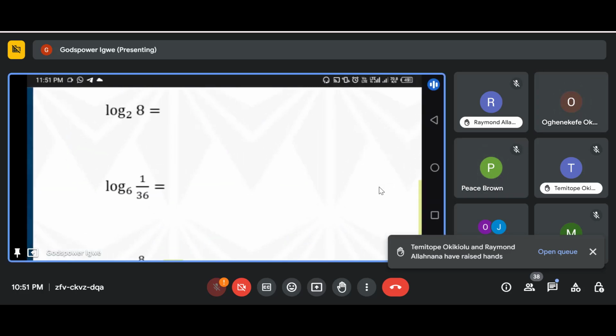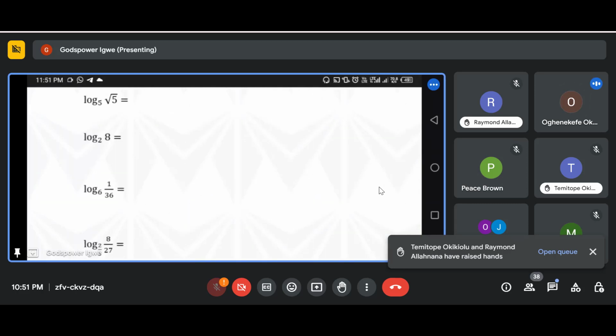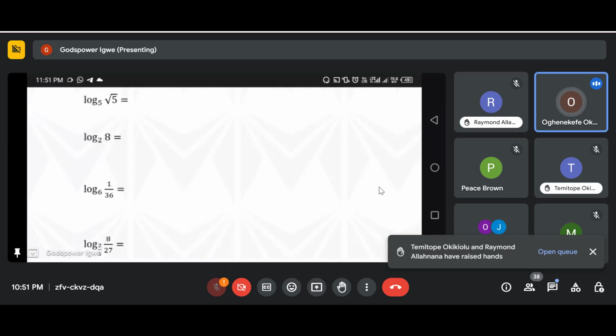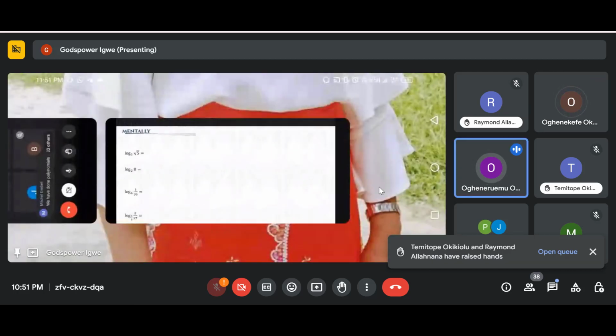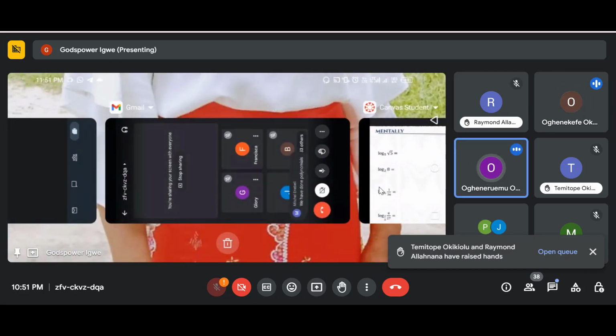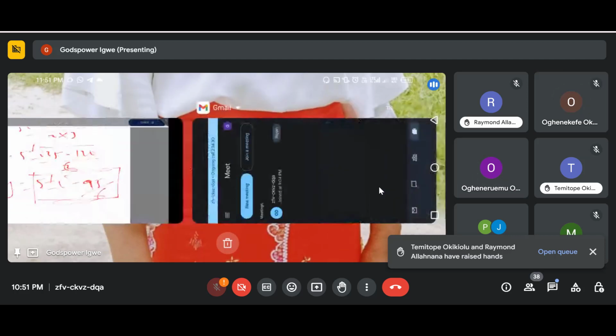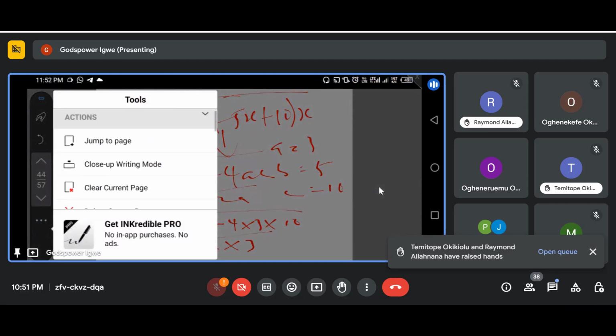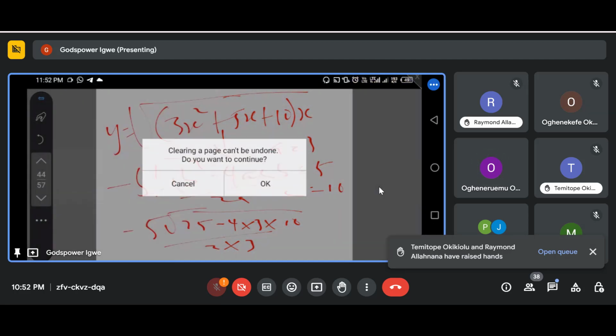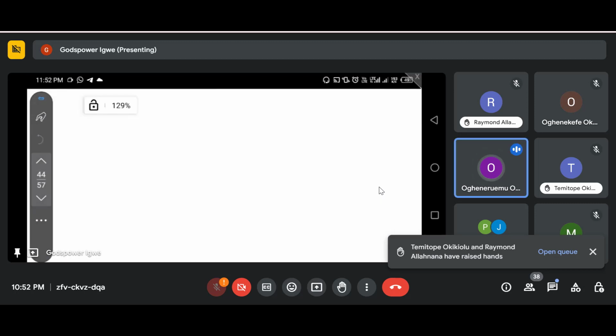Come to the screen now and explain. I really can't share my screen, but let me explain. Go back to the question. Let me use the marker so that all of us can see. You tell me what to write.